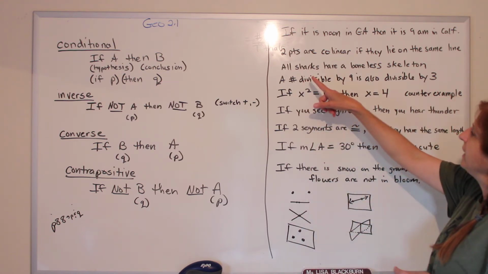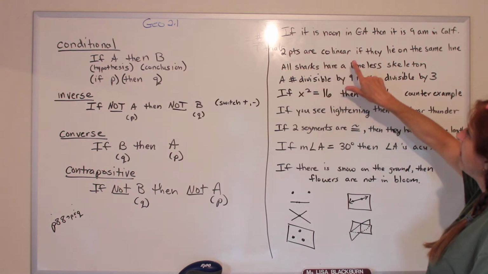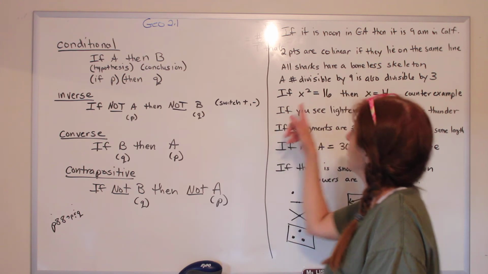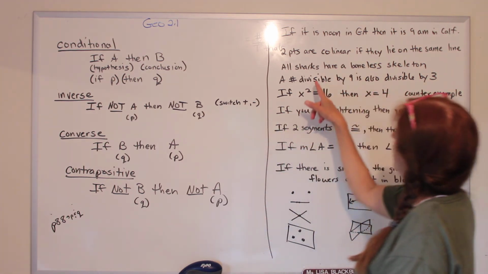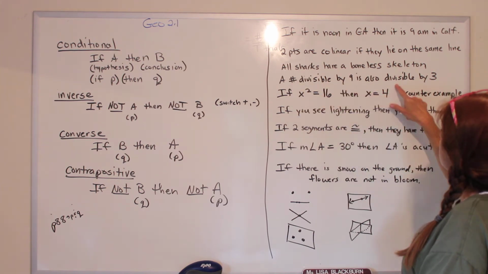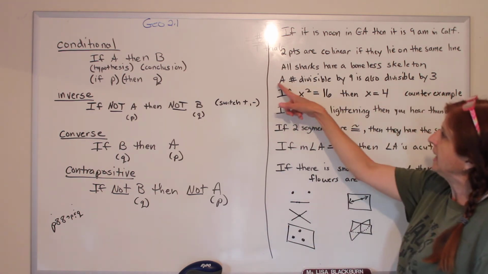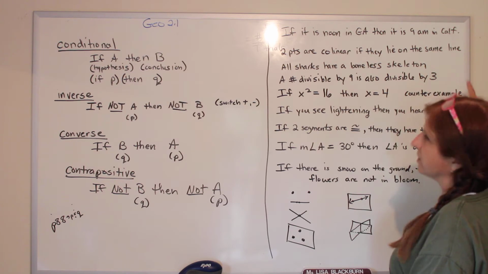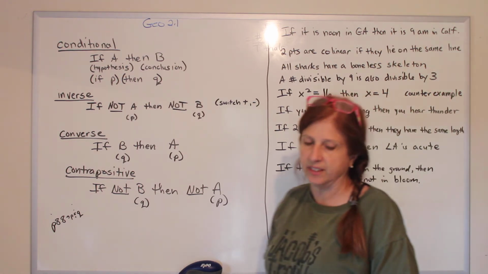Or we could say, if a fish is a shark, then it has a boneless skeleton. Both of those are ways to turn that statement into an if-then statement. Here's another one. A number divisible by 9 is also divisible by 3. We could say it like this. If a number is divisible by 9, then it is also divisible by 3. We turned all of those into if-then statements.